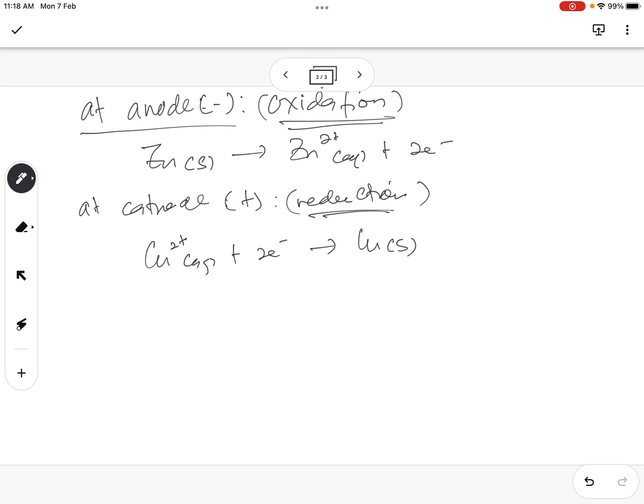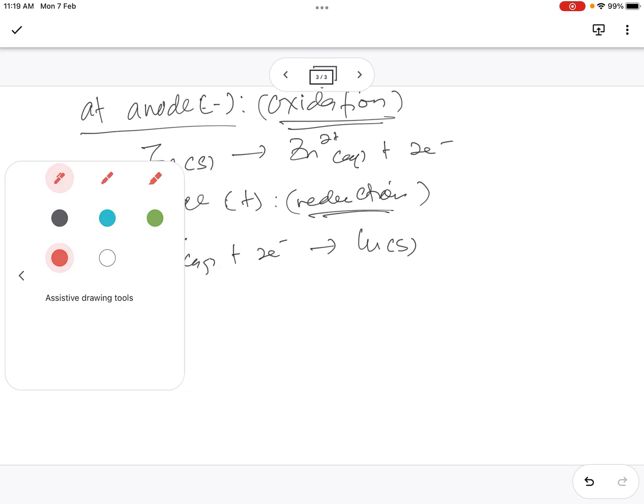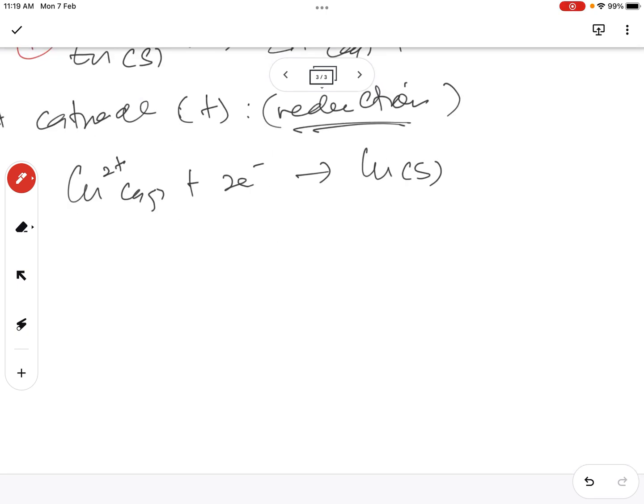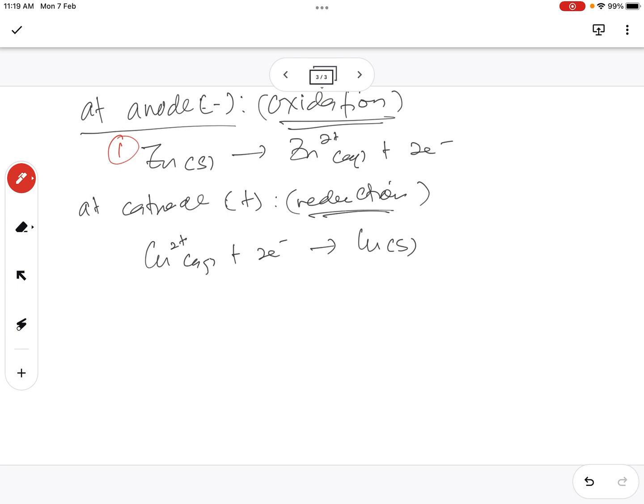Okay. Now what you see here is, first kita tengok one by one. First kita tengok this one happens at anode. That is zinc dissolves, ataupun corrodes. Ada orang kata corrodes.